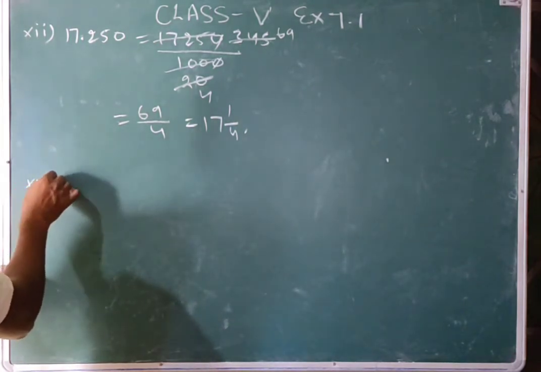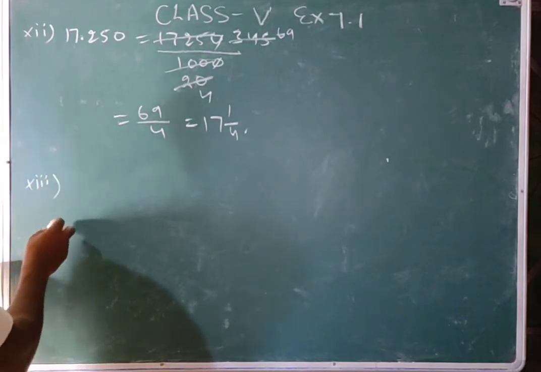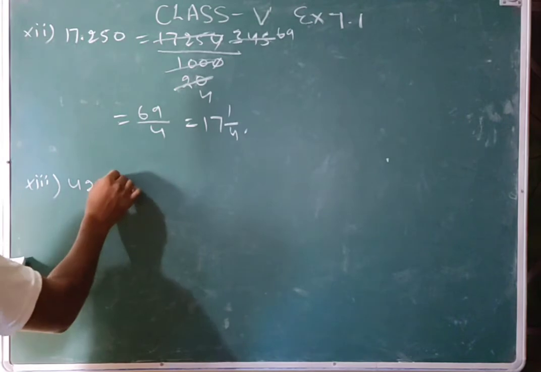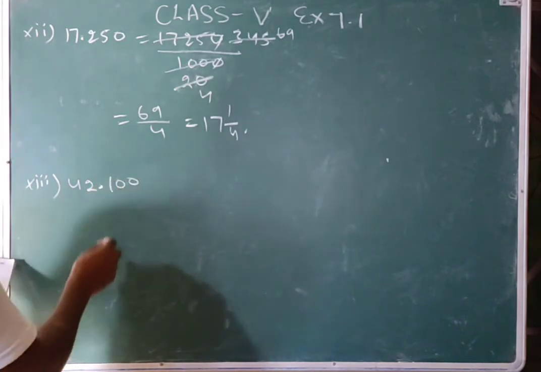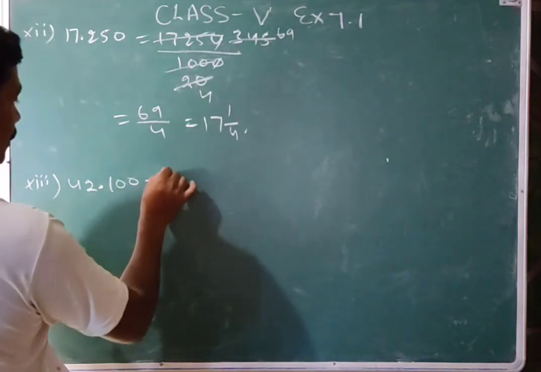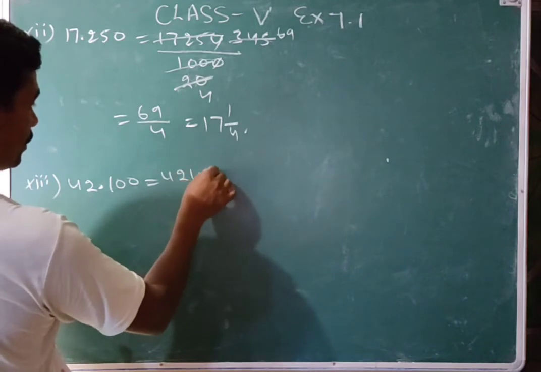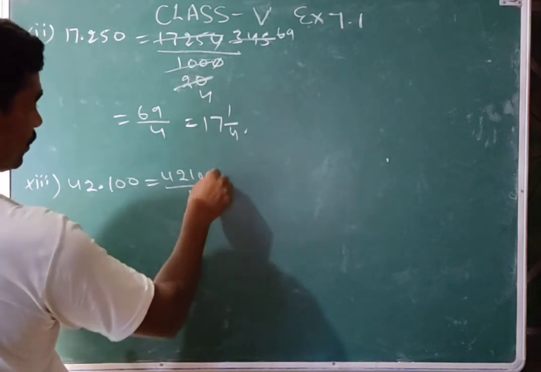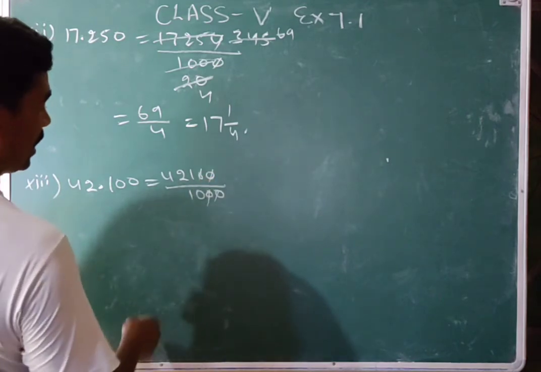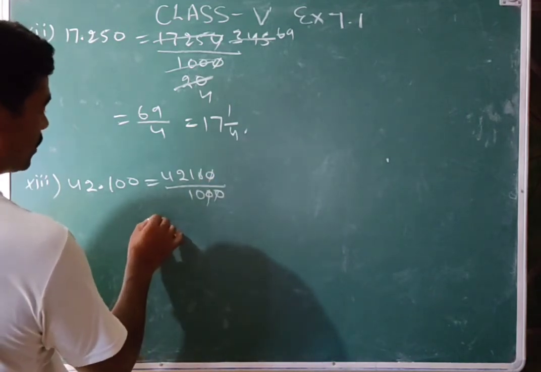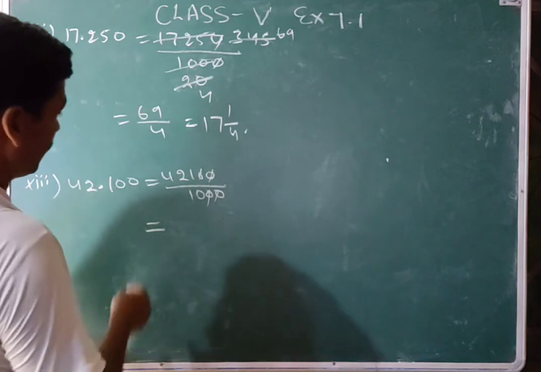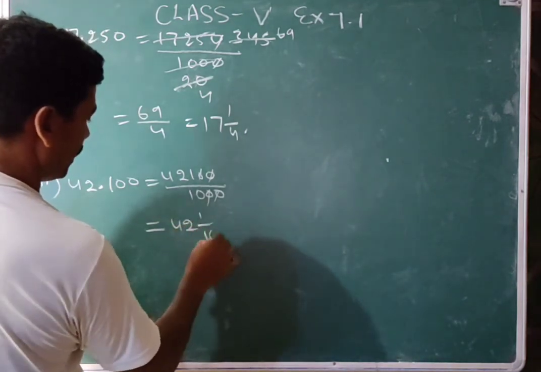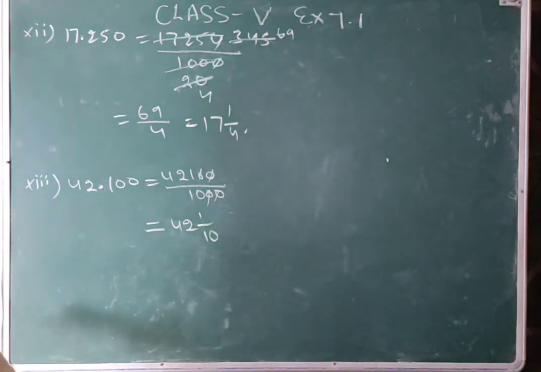The 13th part also, see that: 42.100 is 42100 upon 1000. The zeros have cancelled. Now no number can be cancelled, so we can directly write in mixed fraction 42 whole 1 upon 10.